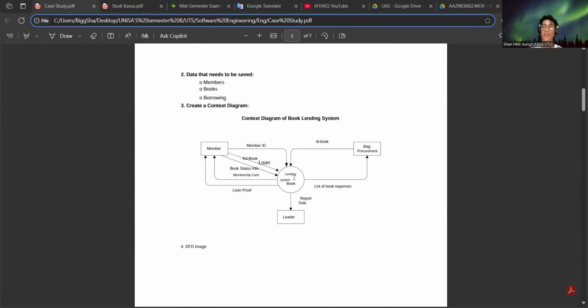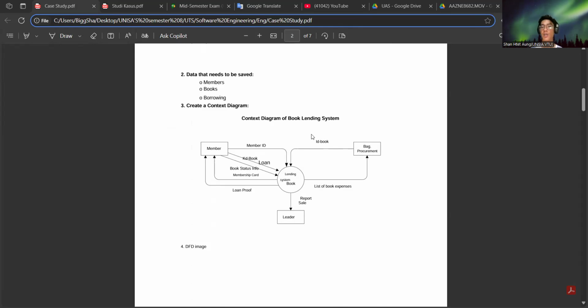After that, we need to check it out and then whether the book is available in procurement. If the book is available, they borrow the book. And finally, you put the borrowing record and send it to the leader.